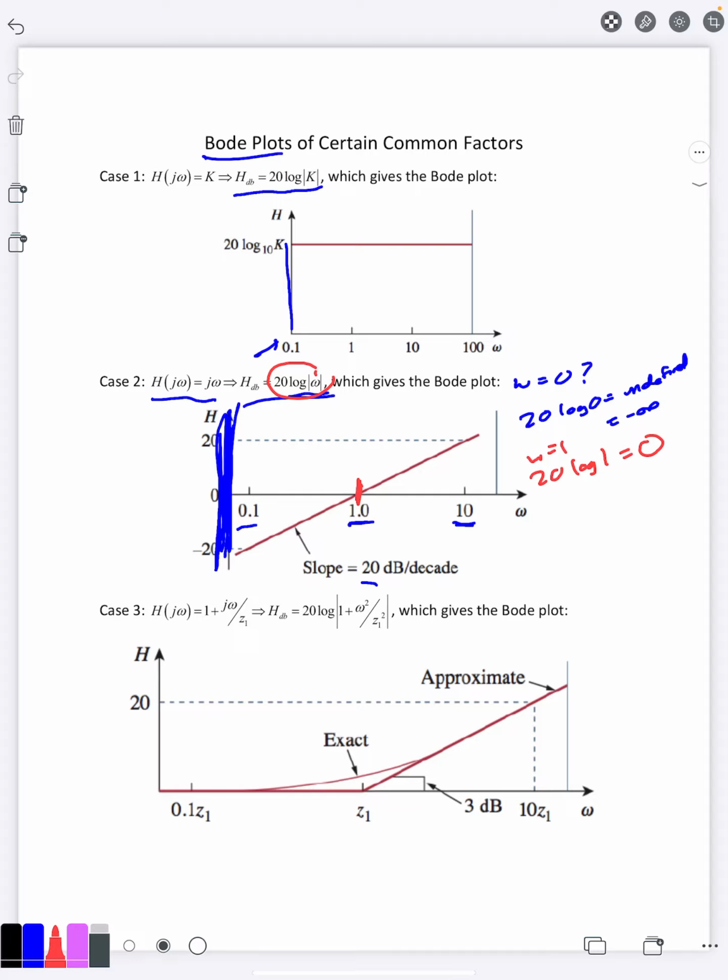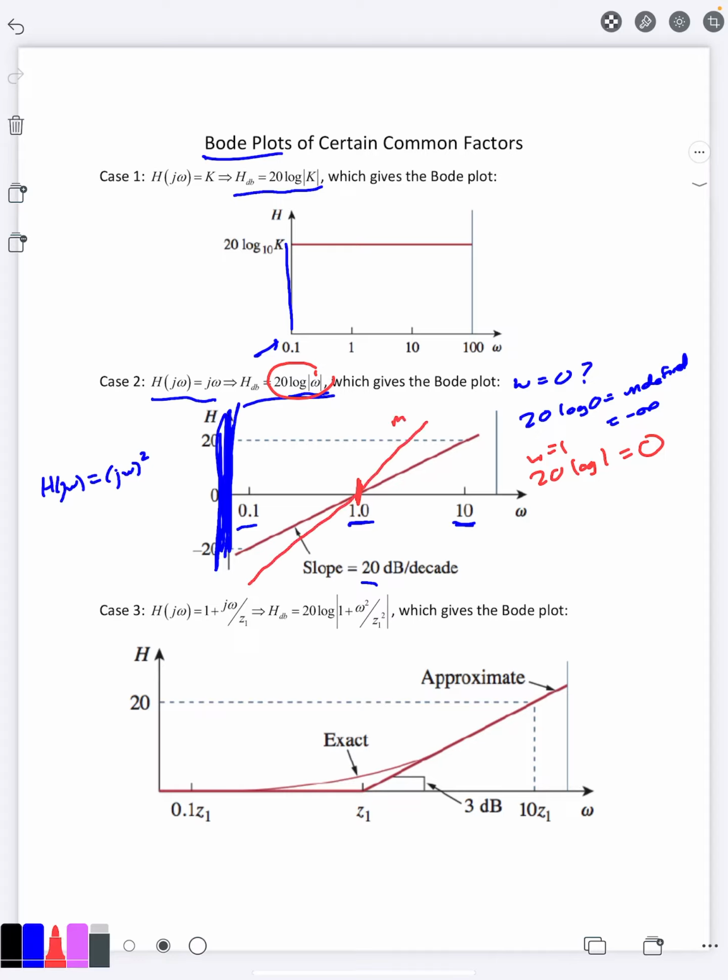So just remember, anytime you have a factor of j omega, it's just going to be a nice straight line going on forever at the slope of 20 decibels per decade. And if you had something like H of j omega is j omega squared, well, when you do your logs, it's just adding up 2 of these things here. And what's going to end up just happening is it's going to take this and make it a higher slope.